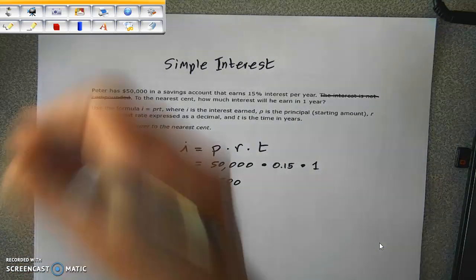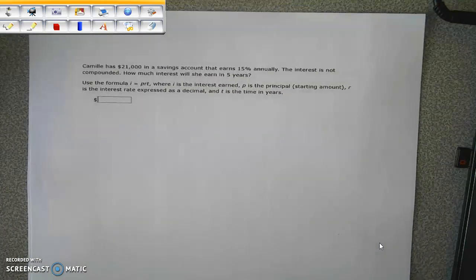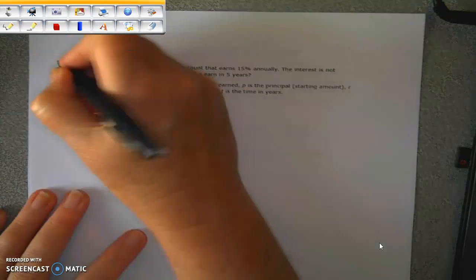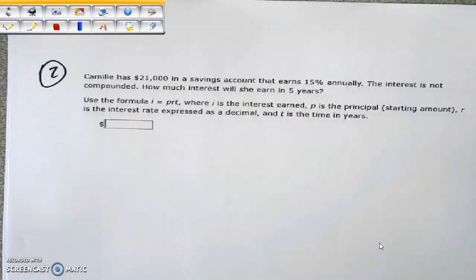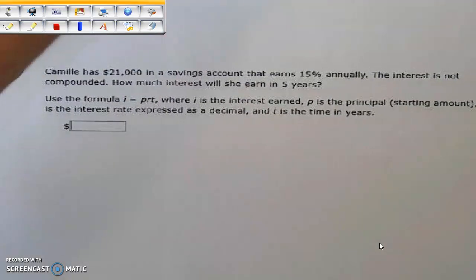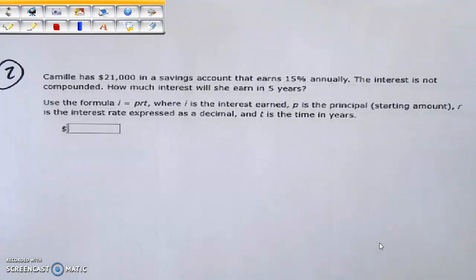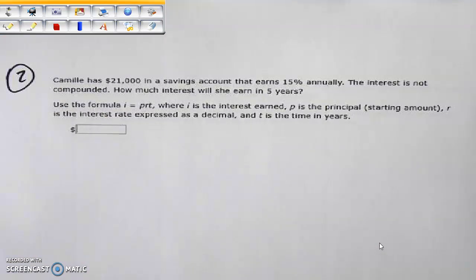Let's do another problem. So this was number 1. Here's number 2. Camille, let's zoom in on it so you can see it, because I know it's hard to read these problems on the video. Okay, Camille has $21,000 in a savings account that earns 15% annually.